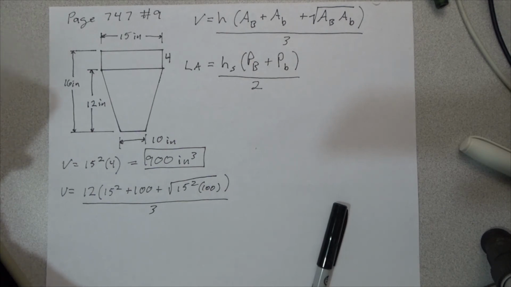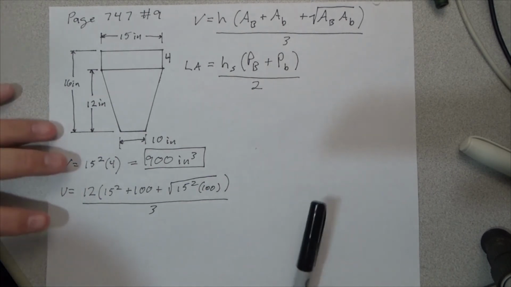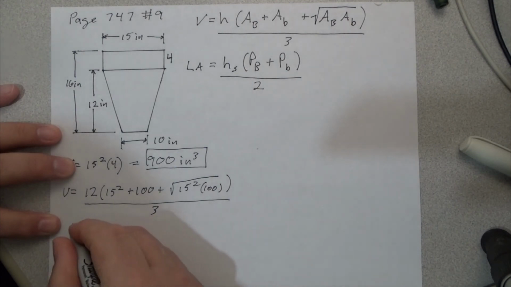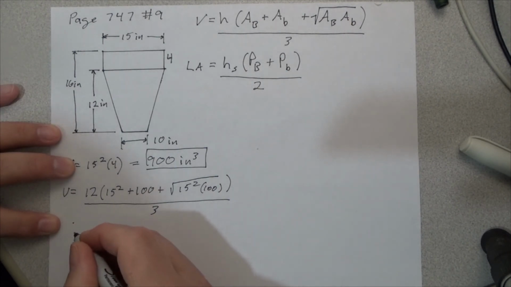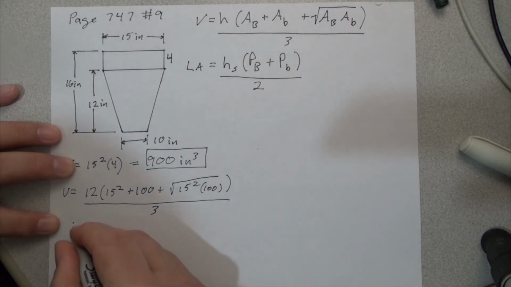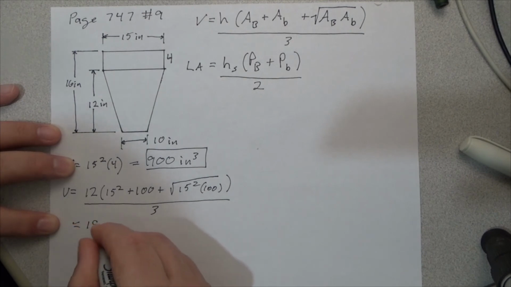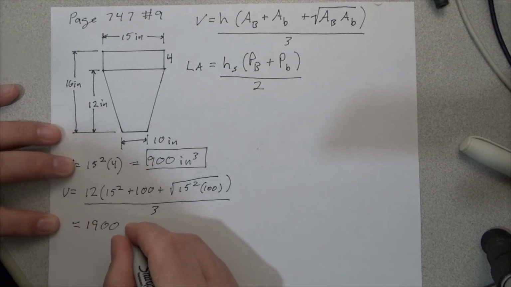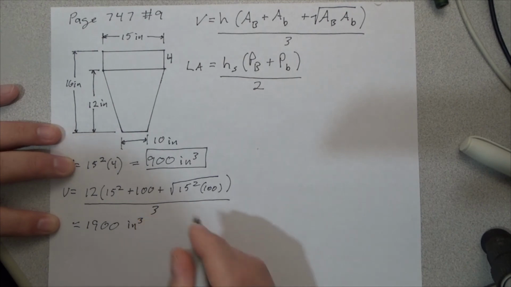And then the denominator is 3. So we get, let's write it right here, 1,900 inches cubed.